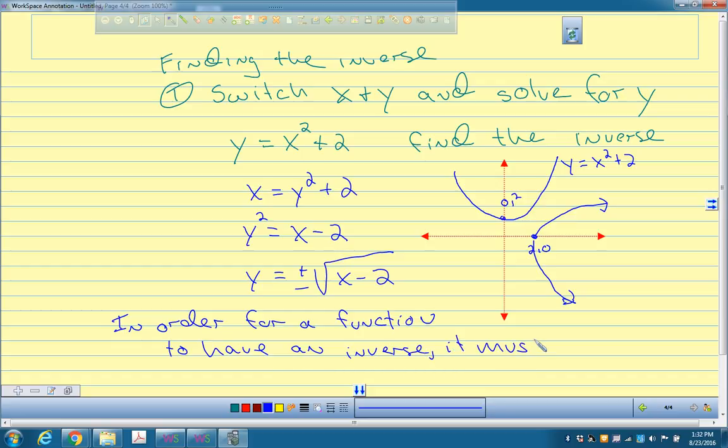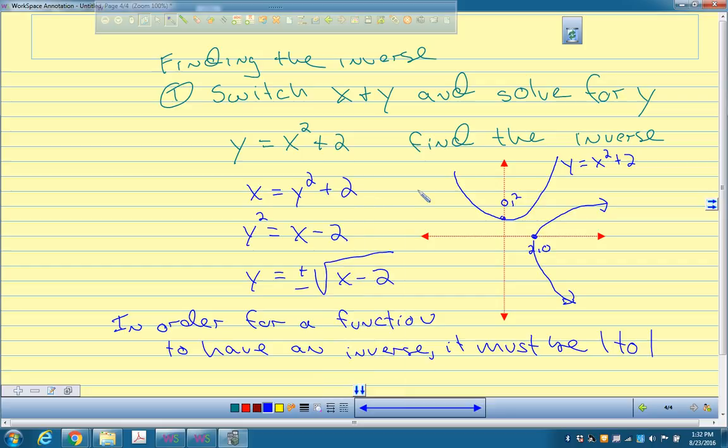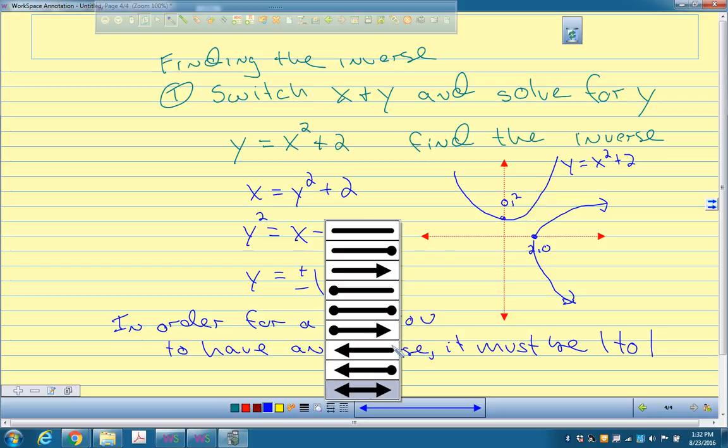Which means for every x there's exactly one y, and for every y there's exactly one x. It has to pass the horizontal line test. So if I were to take a straight edge, this one does not pass the horizontal line test.